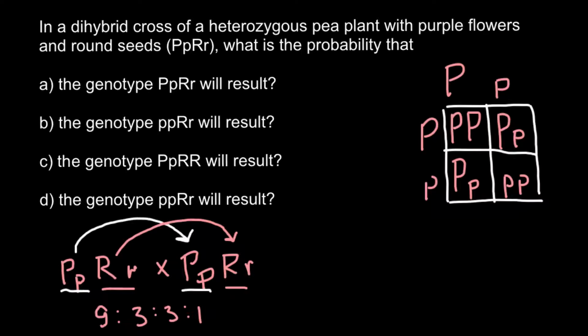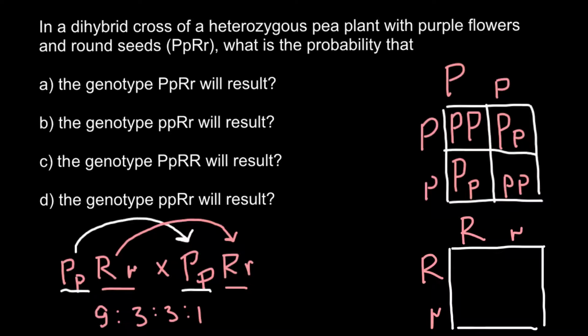So once again, capital R and small r, and capital R and small r for the second parent. The outcome of such a cross would be the same ratios in the progeny as in the previous example. So we would have capital R capital R here, capital R small r here, capital R small r here, and small r small r here.